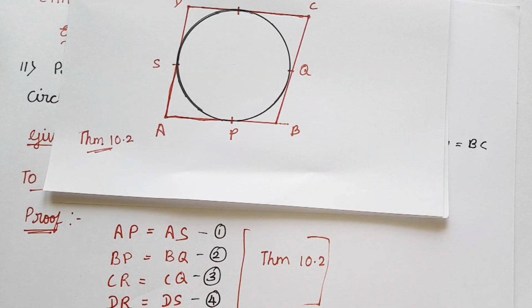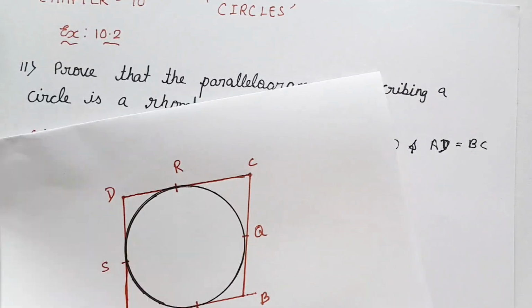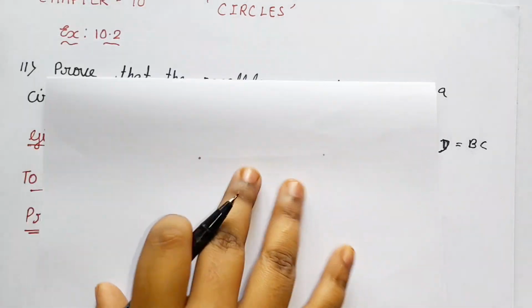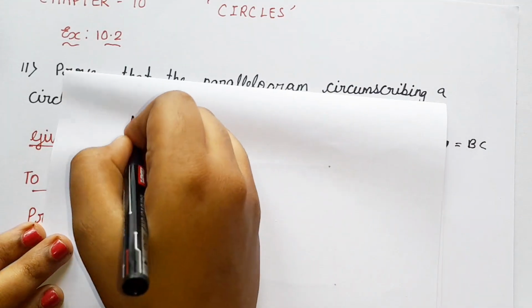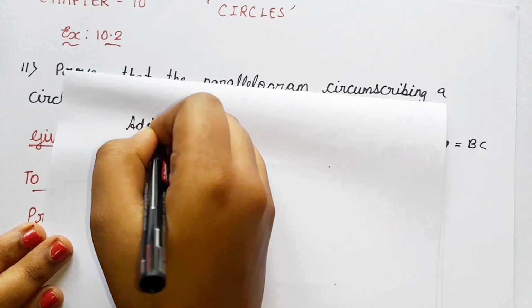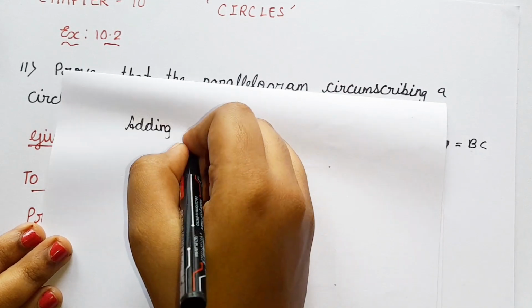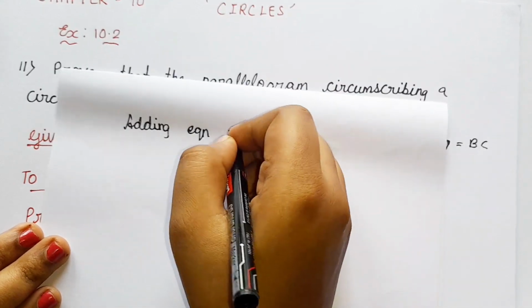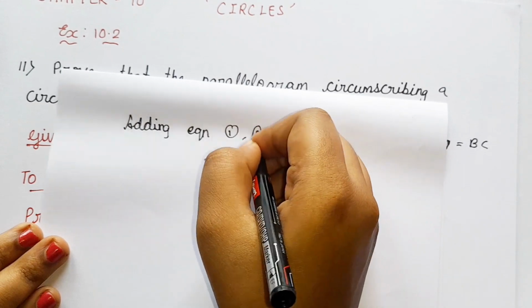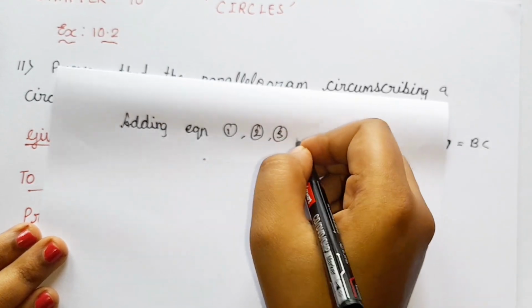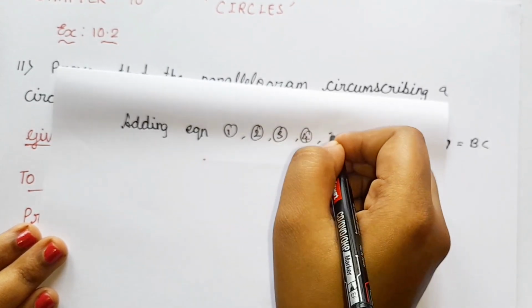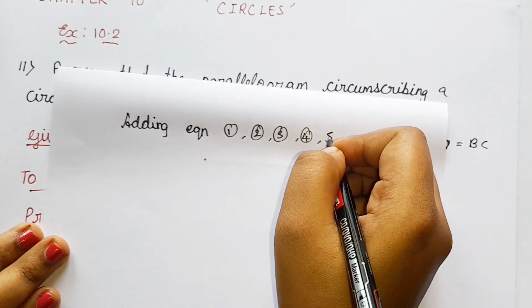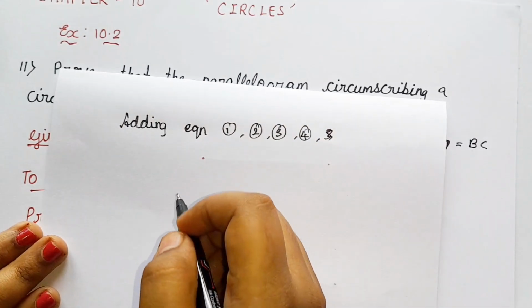Okay, so now let us add all these equations. So adding equation number 1, 2, 3, 4. Only 4 are there, right? Sorry. Okay, so we are supposed to add all the equations.